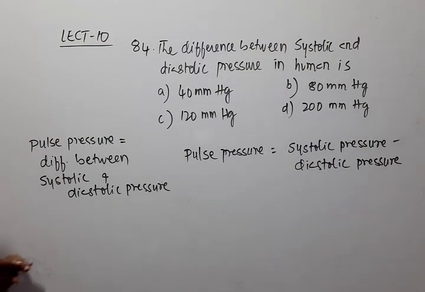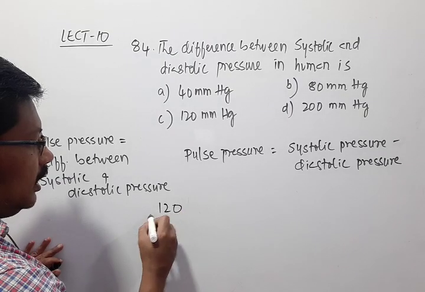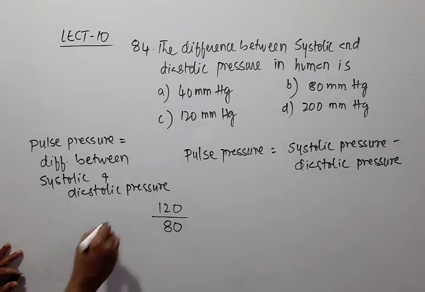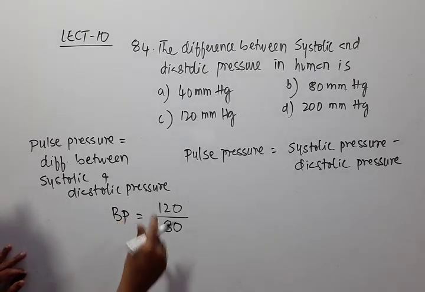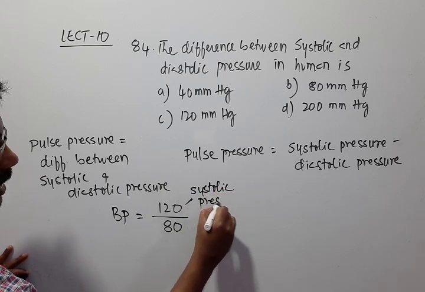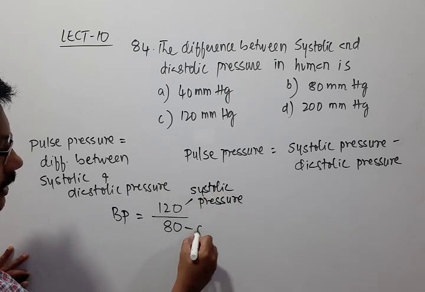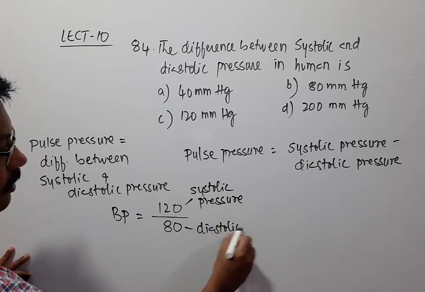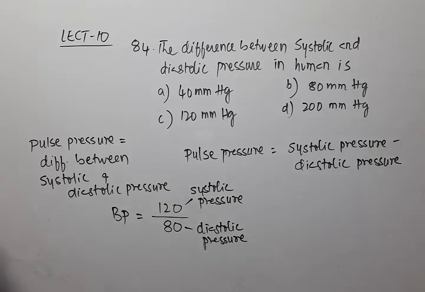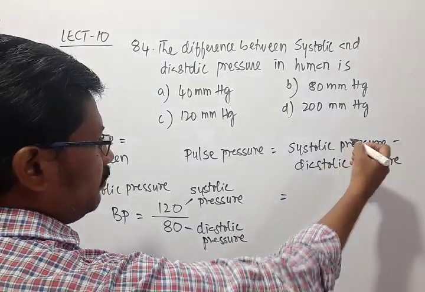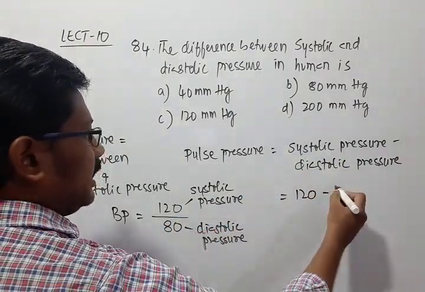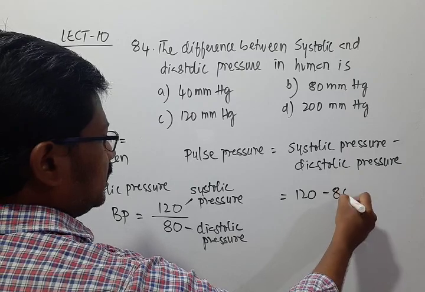So we know that 120 by 80 is the normal blood pressure. This is the systolic pressure, and this is the diastolic pressure, right? So hence the pulse pressure will be the systolic pressure, 120, minus the diastolic, that is 80.